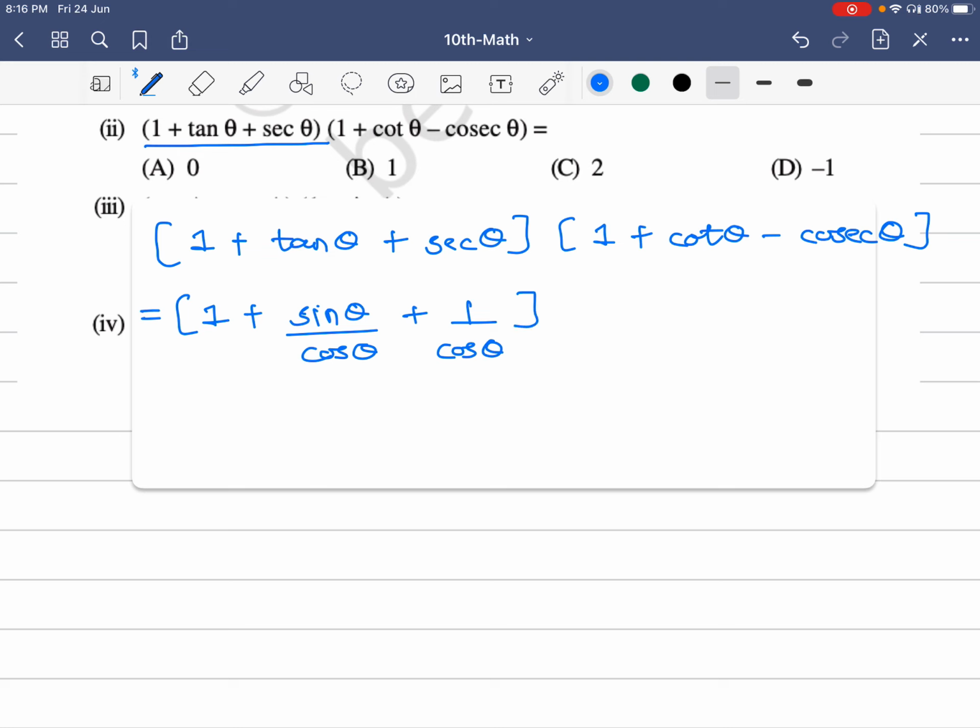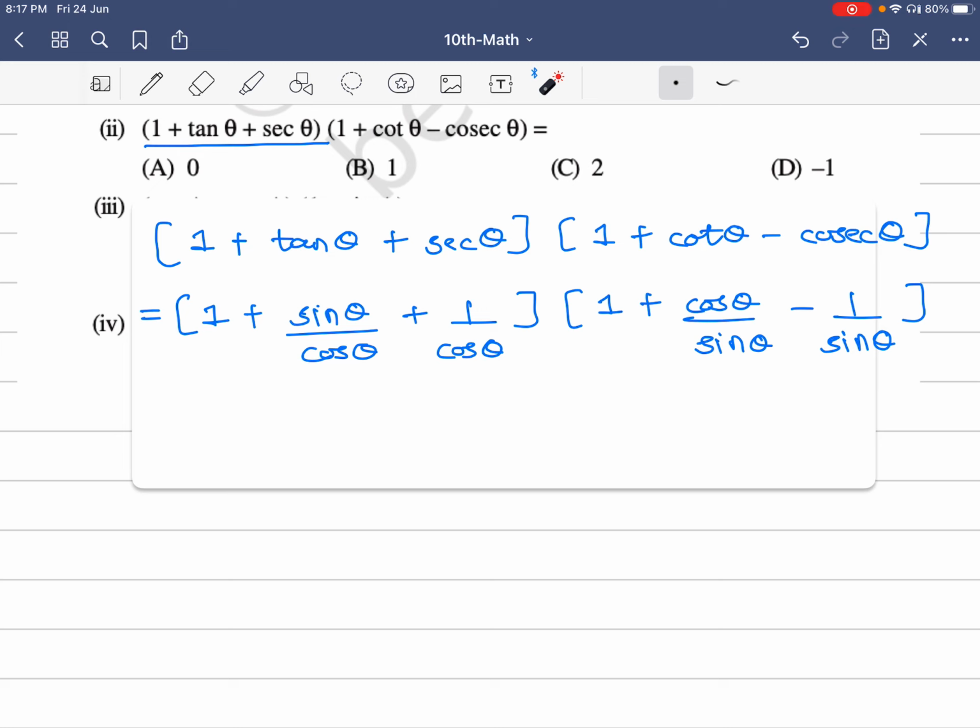Okay, so this is my first bracket, and the second bracket is 1 plus cot theta is cos theta divided by sin theta, minus cosec theta is 1 upon sin theta. Okay, so I've just rewritten all the terms in sine and cos, which are our foundational trigonometric ratios.